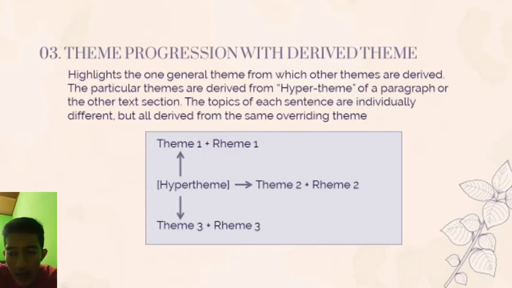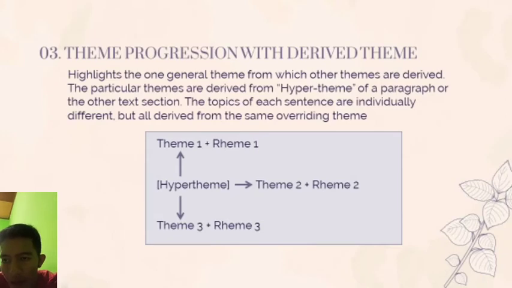You can see the pattern for this: theme 1 plus rheme 1, and below it the hypertheme, with the result theme 2 plus rheme 2 and theme 3 plus rheme 3.